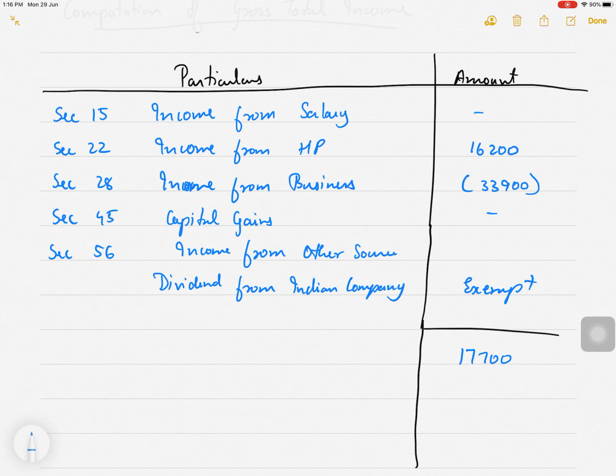It comes to 17,700, which is your loss, correct? So this is your gross total loss. Instead of gross total income, you'll write gross total loss because it is negative.